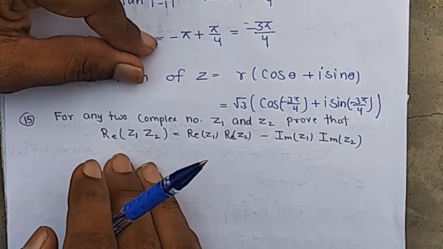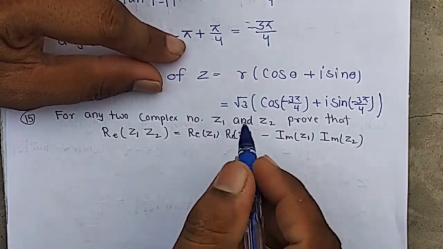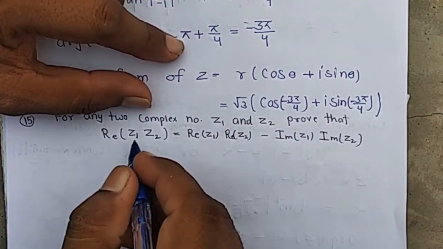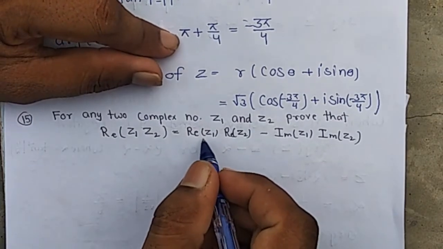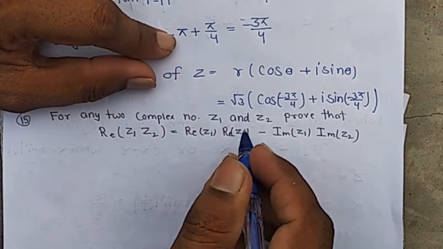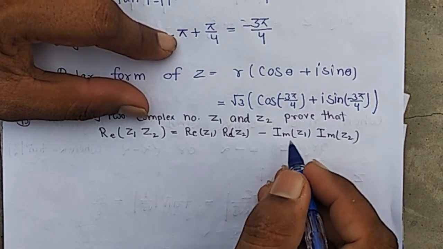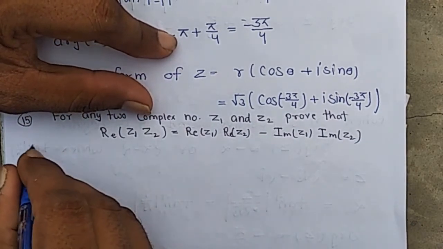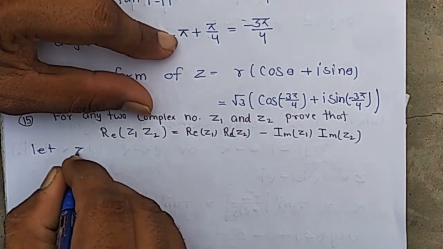Now it is question number 15. For any two complex numbers z1 and z2, we have to prove the real part of z1 z2 equals the real part of z1 times the real part of z2 minus the imaginary part of z1 times the imaginary part of z2.